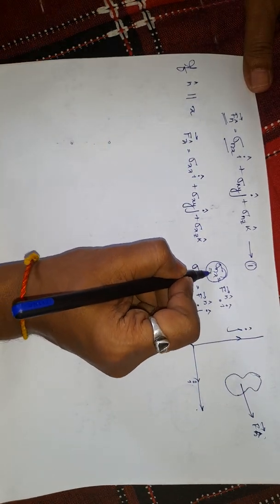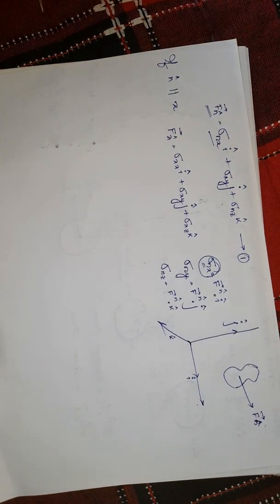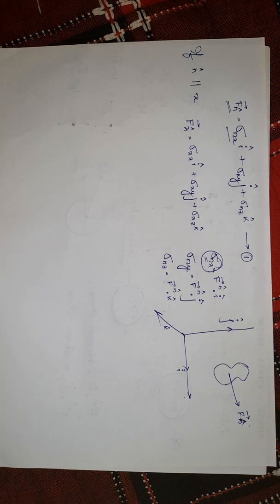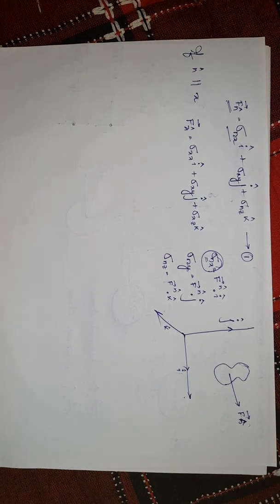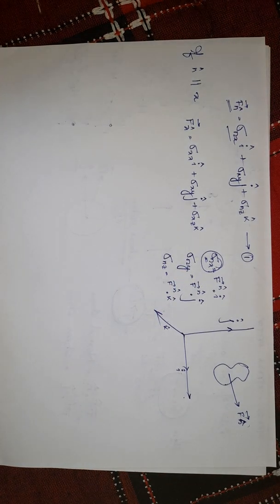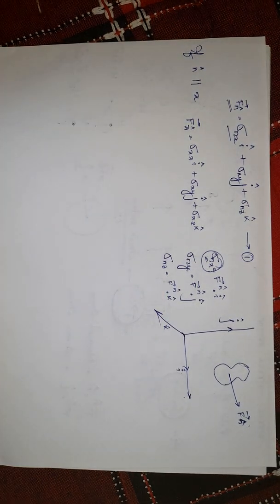The first suffix represents the orientation of the surface, means the surface on which you are applying the force, that particular surface has some unit normal or some perpendicular direction. So the first suffix represents the orientation of the surface, and the second suffix is related with the force.